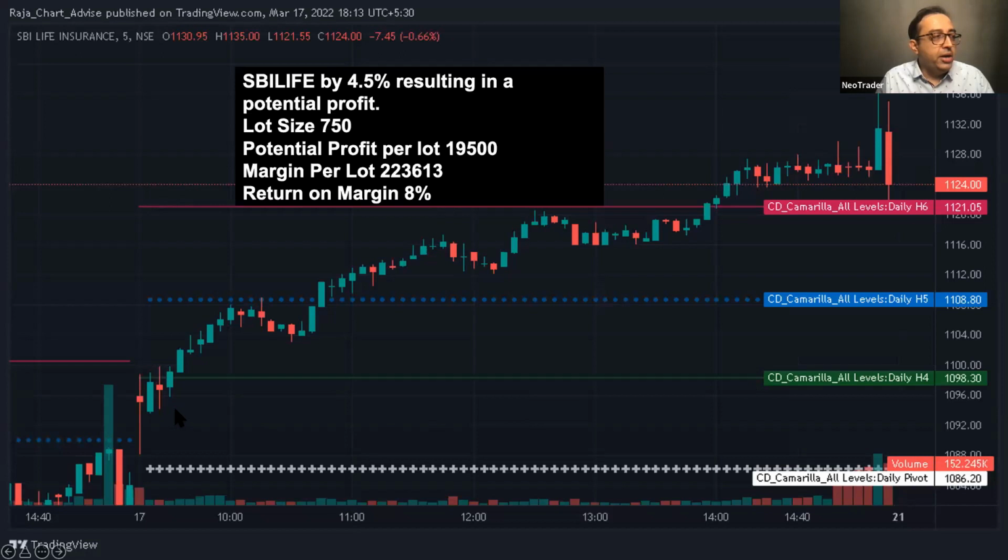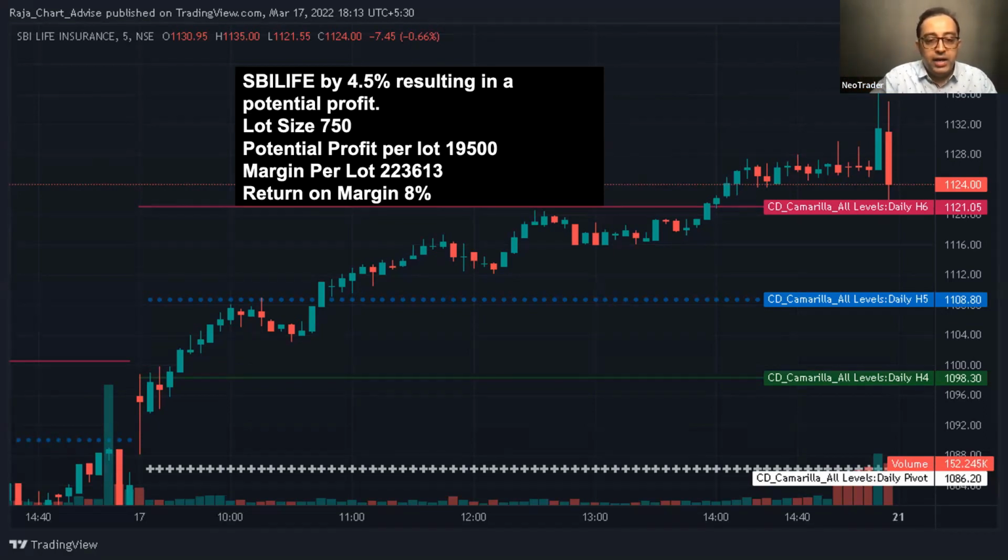You can see the movement here, 8% return on margin. So what are you seeing here? You are seeing that consistent opportunities are available, and all you have to do is select the trade and participate on a consistent basis, right?